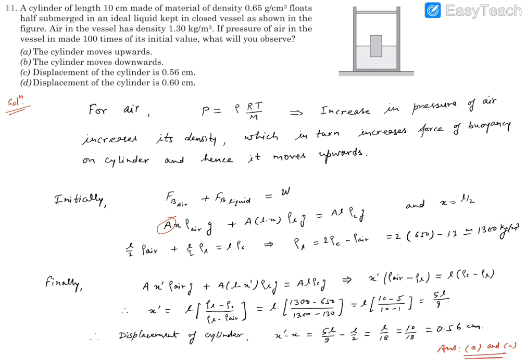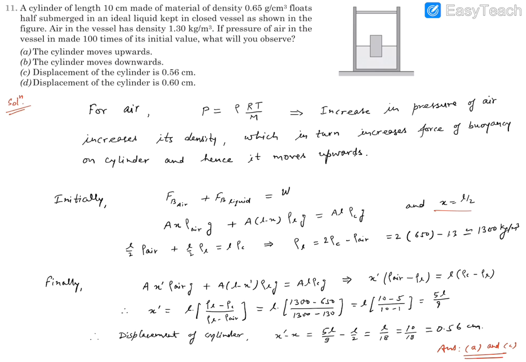Let the cross-section area be A. Area into length, that is the volume submerged in air, into density of air, into gravity, is the buoyancy of air. Similarly, area into the length in the liquid, into the density of the liquid, into gravity is the buoyancy due to the liquid. For the weight, mass into gravity, where mass is volume into density, volume is A into L, and density of the cylinder rho C. Substituting X equal to L by 2, A and g cancel from all the terms.